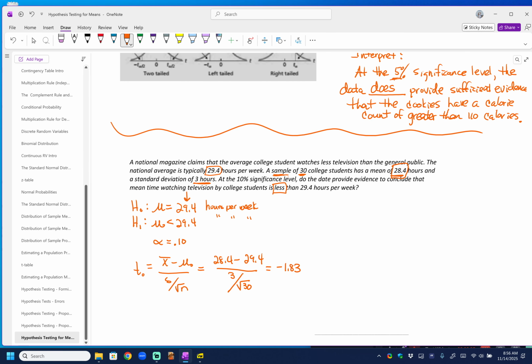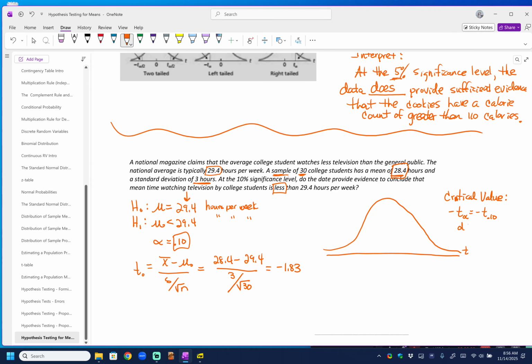Continuing with the critical value method. So we have our distribution here, t-distribution. Our critical value is going to be equal to, in a less than left-tailed test, that's always going to be negative t sub alpha, which is going to be negative t sub 0.10 right here. And we need the degrees of freedom in order to make this work.